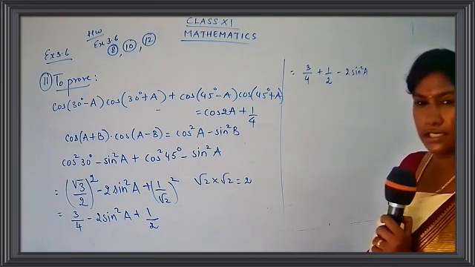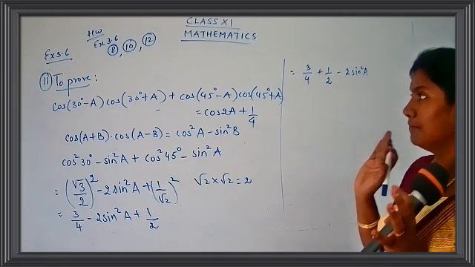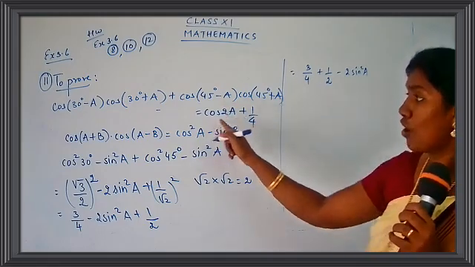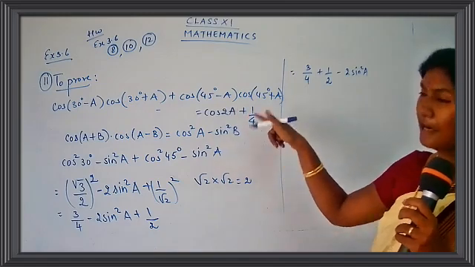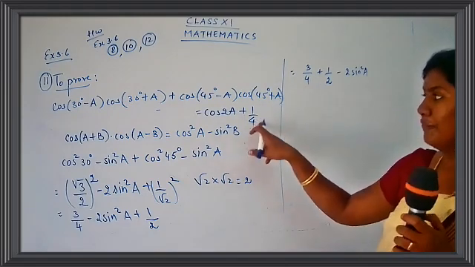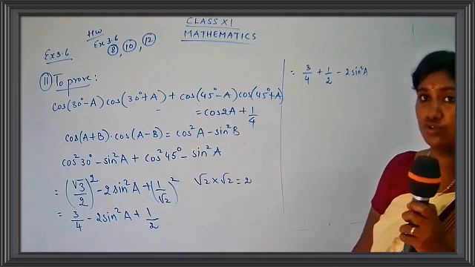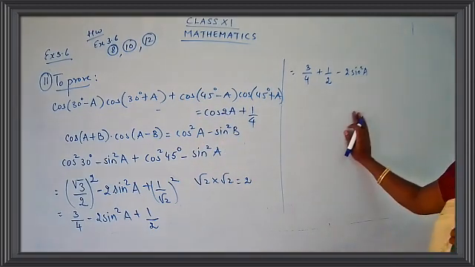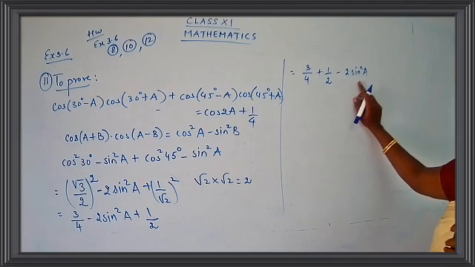Now children, just observe the RHS part carefully. I want cos 2A, and I need 1 by 4. I'll just work out for it. But before going to 1 by 4, let's just see here. It is cos 2A. So what is the formula for cos 2A in terms of sine square A? Again here we are going to use a double angle identity for cos part.